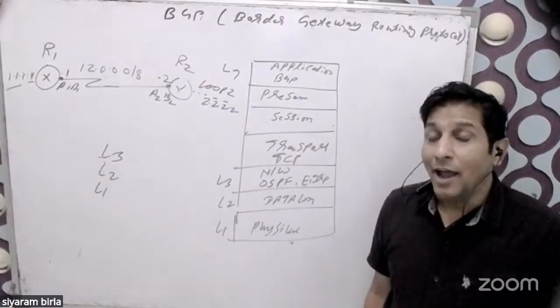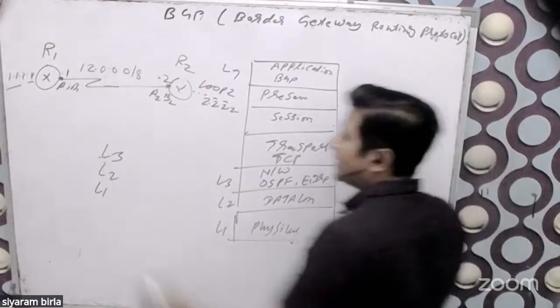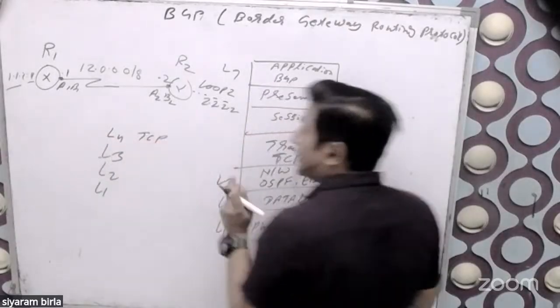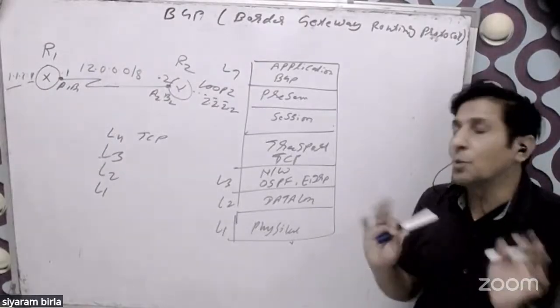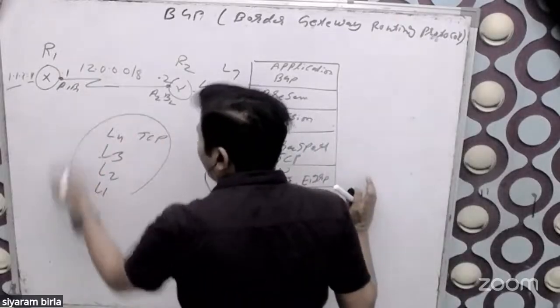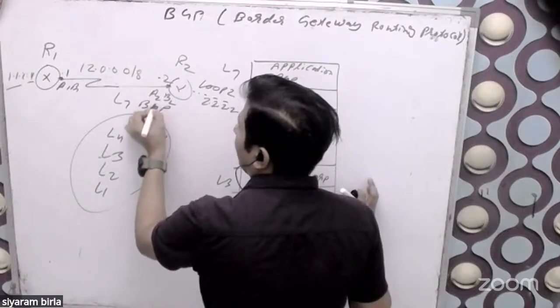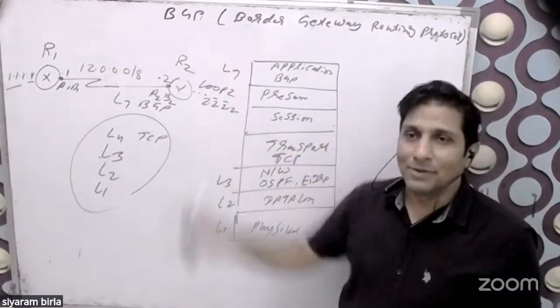And once routing is ready, in layer 4 TCP is running, so TCP should also be up. If TCP is not up, BGP will never come up. So when all 4 layers are up, then at layer 7, BGP will come up.